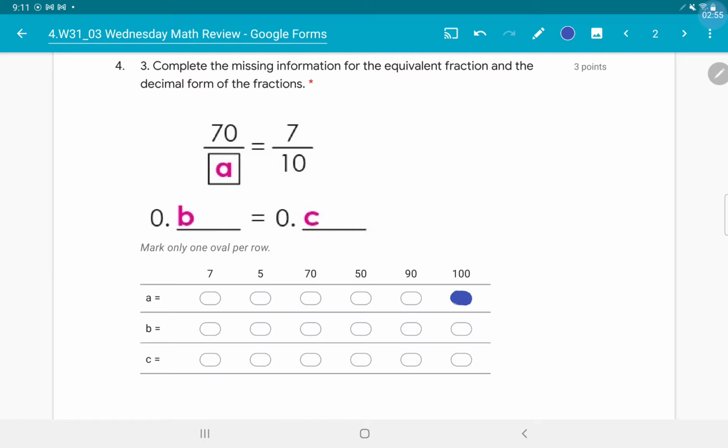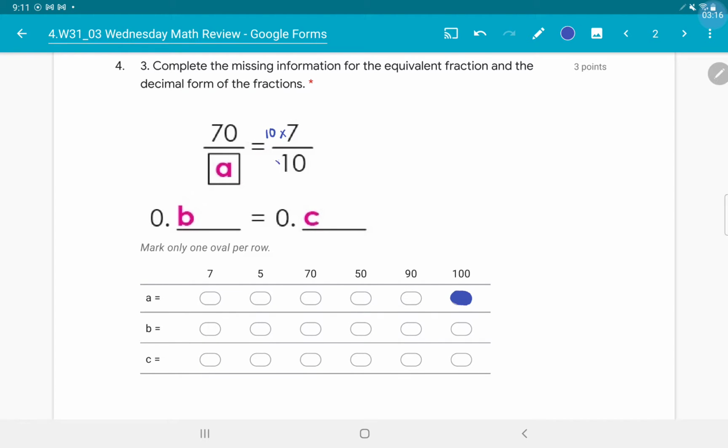How did we get from 7 to 70 for the numerator? Okay, so if we're putting another 0 at the end, what do we have to multiply by for that to happen? 7 times 10. Times 10, exactly.